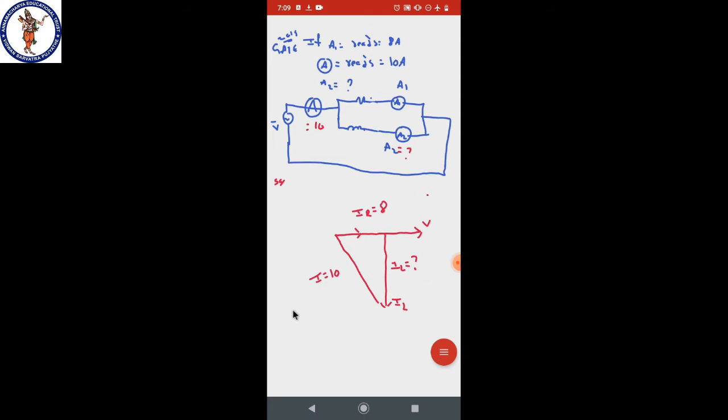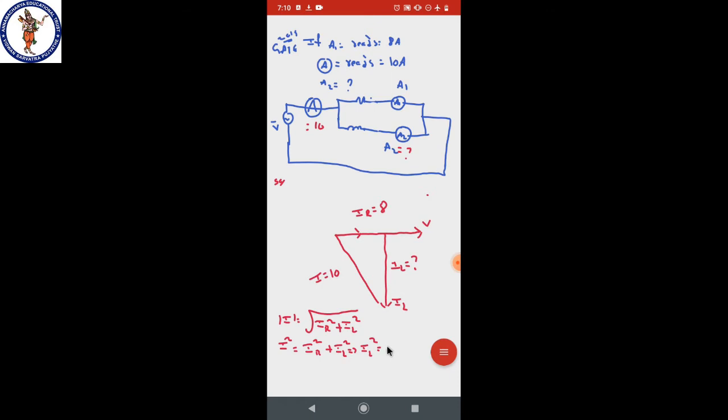The magnitude of I is equal to the square root of IR square plus IL square. Now how do we get IL? Squaring both sides, the square root is cancelled, so I square equals IR square plus IL square.